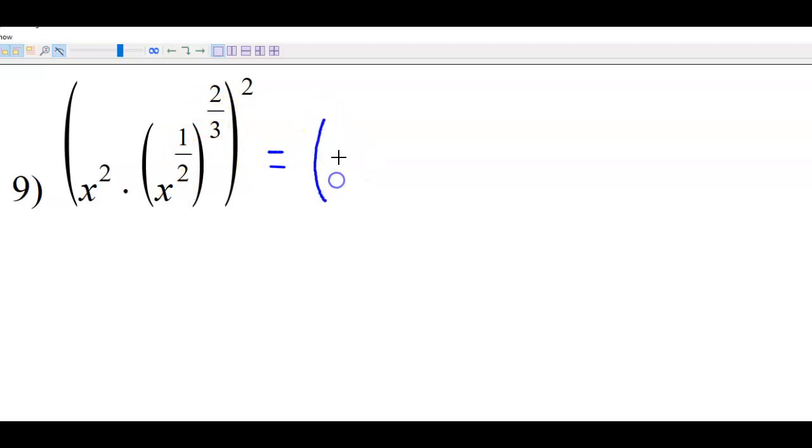So this is going to be x squared times x to the power of 1/2 times 2/3. And then all of that's still, of course, squared.